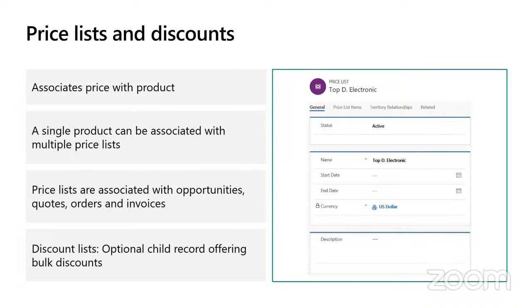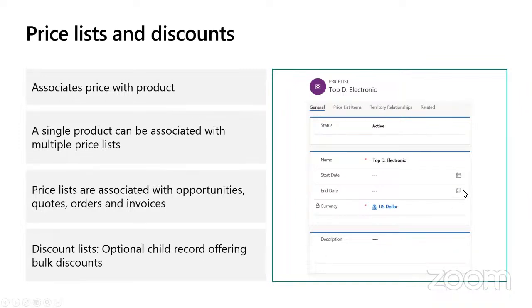It could be milestones or partial payments or final payments, whatever the case may be. And then you've got obviously the cost, which is probably time and material. And then there's also the notion of discounts, which we spoke about, where you're looking at optional child records offering bulk discounts.